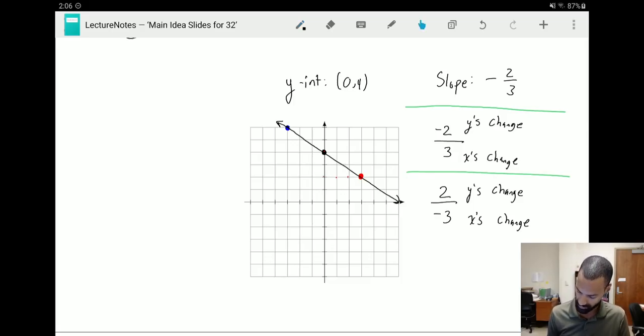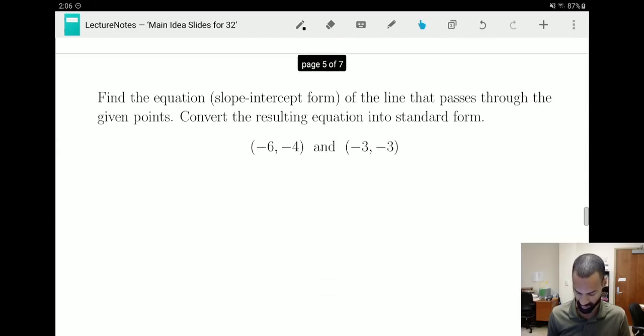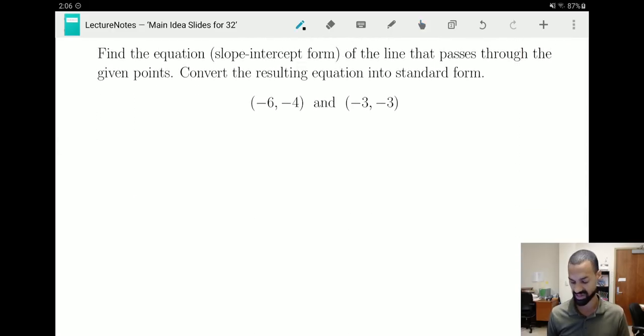Let's get to the most complicated type of problem in this section, which is given 2 points, find the equation of the line in slope-intercept form, convert it to standard form. We're going to do all of that. So, when you're trying to find the equation of a line, given 2 points, keep in mind that y equals mx plus b is a great place to start because you need to find two parts, m and b, and you have a formula for one of those.